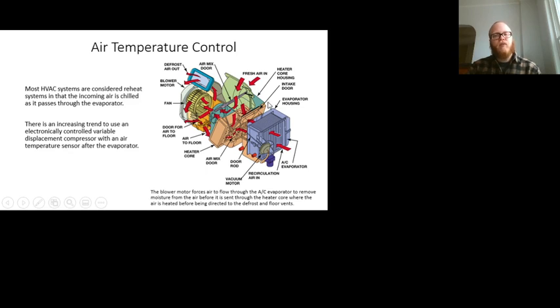And then after we choose that, there's a mix that goes on between, do we go through the evaporator first and chill the air down and condition it, or do we bypass the evaporator altogether and just go through the heater core? Most vehicles, like I said, are set up in what's called a reheat system.